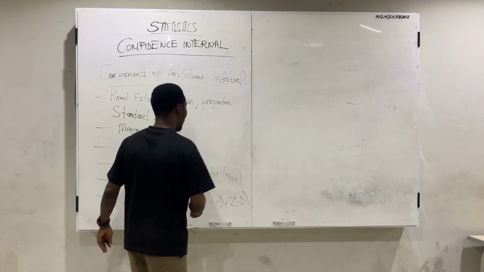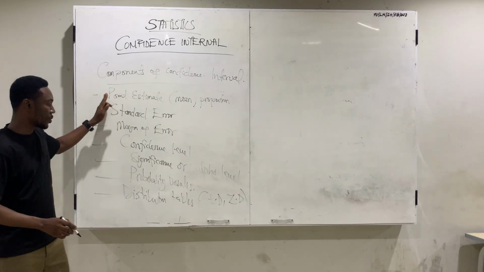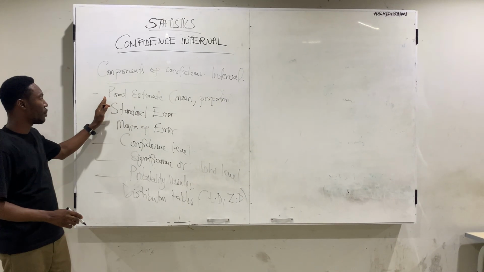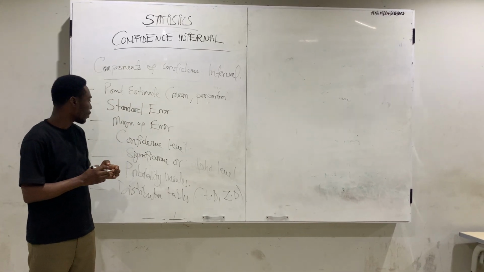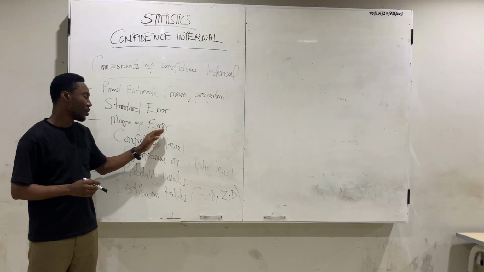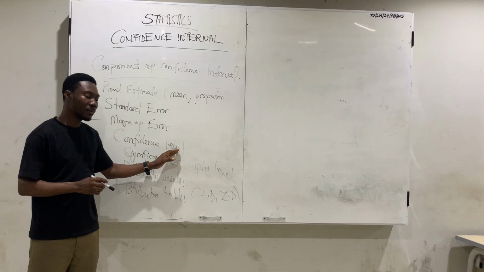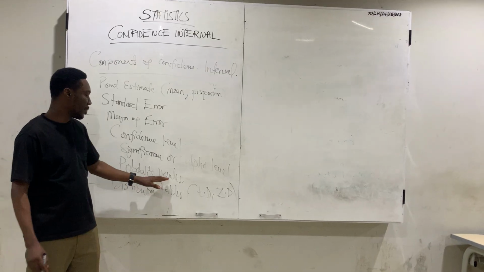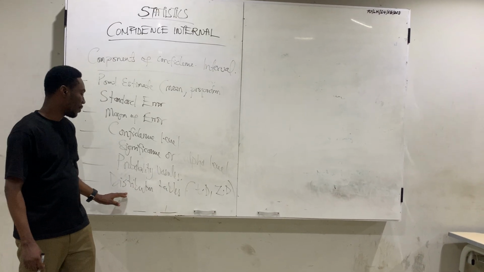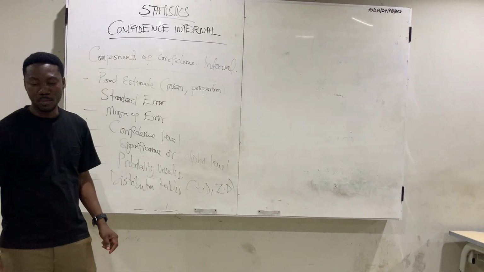So these are the various components of confidence interval: the point estimate, the standard error, the margin of error, the confidence level, the significance or alpha level, the probability values, and the distribution tables.